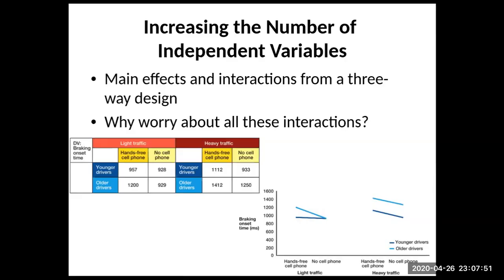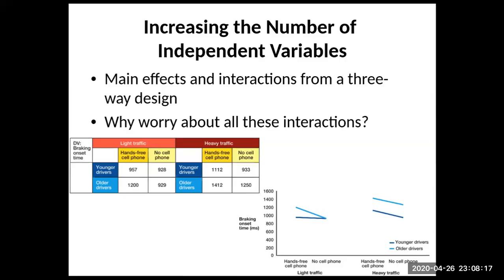So, looking at this graph, we see that in light traffic, it's a spreading interaction. In heavy traffic, the lines are parallel. So, they are different from one another. So in light traffic, there is an interaction because it's a spreading interaction. In heavy traffic, let me start over.